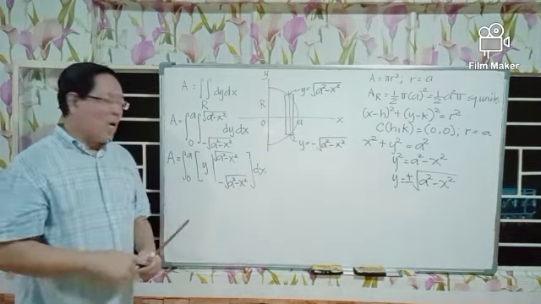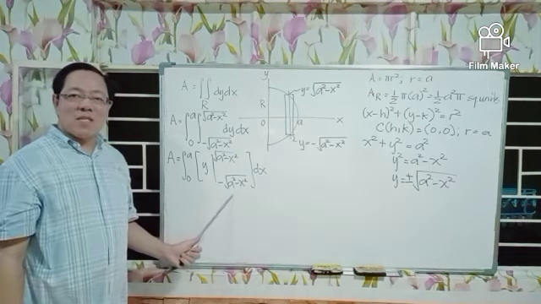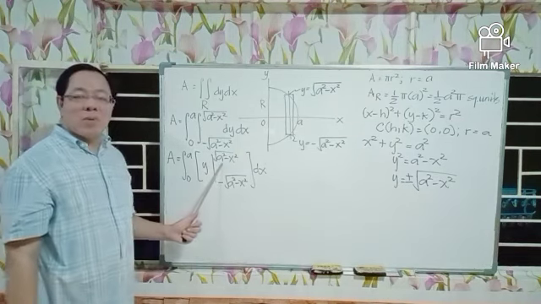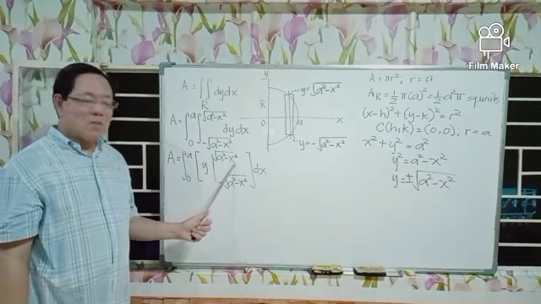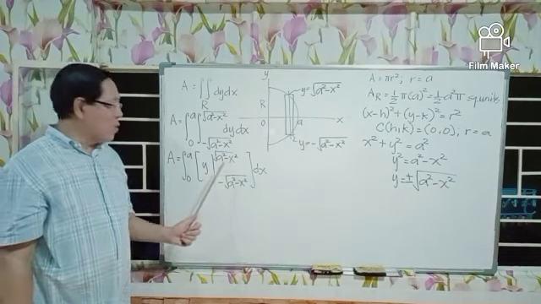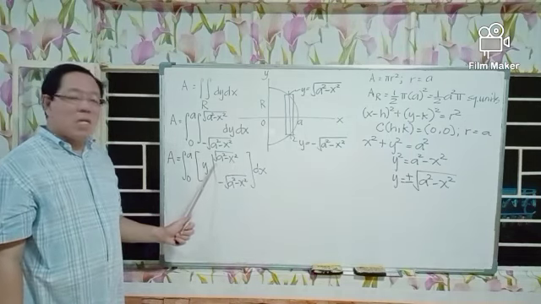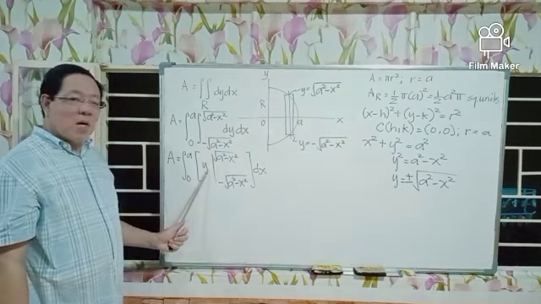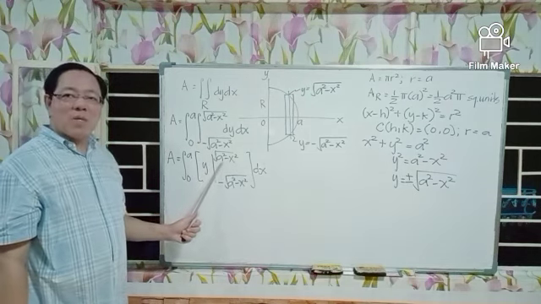We evaluate y from negative square root of a squared minus x squared to positive square root of a squared minus x squared. But when you evaluate y, you start with the upper limit. So replace y with square root of a squared minus x squared.